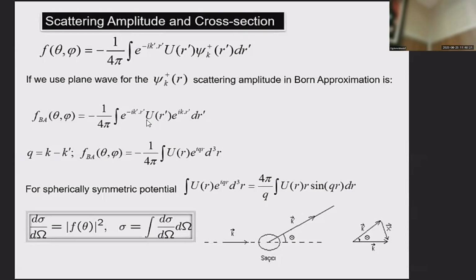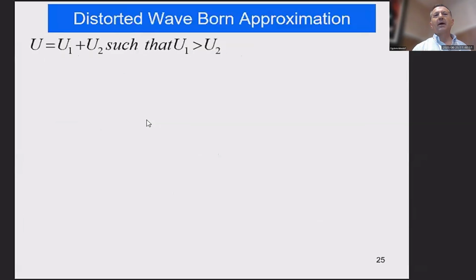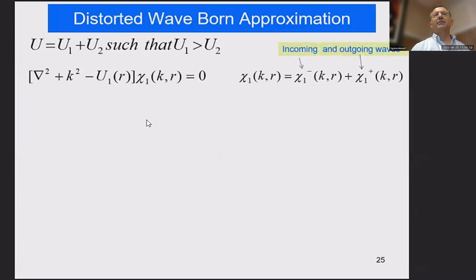You have an incoming wave and a scattered wave due to this target or potential field. Therefore, we have an initial wave affected by a potential, and an outgoing wave. If we integrate it, it is called the Born approximation. The square of the scattering amplitude in theta gives you the differential cross section, and integration of it gives you the total cross section.